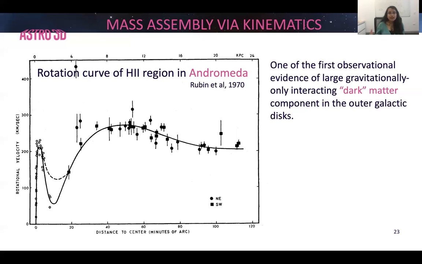It showed that this dark matter component is the dominant matter component in the outer galactic disk. And this kinematic information, how fast the gas is rotating, can really tell us about the overall mass content in galaxies.